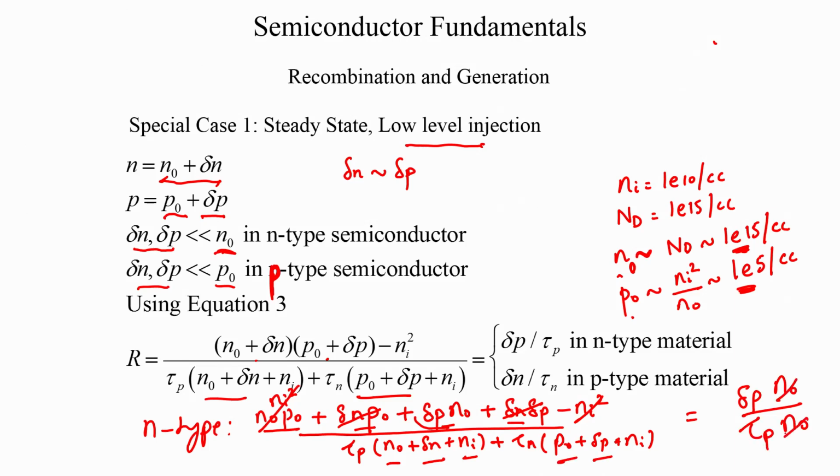And therefore, my recombination rate for low level injection at steady state for an N type material is going to be the excess minority carriers injected divided by the minority carrier lifetime. In this case, it is the excess holes injected divided by the minority carrier lifetime of holes.